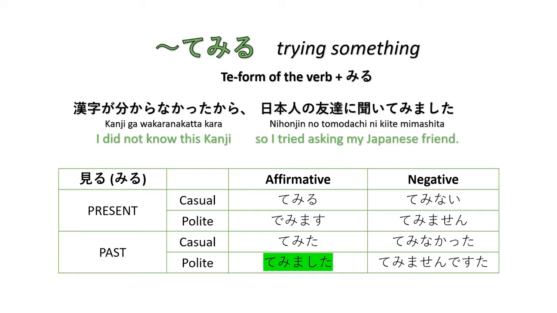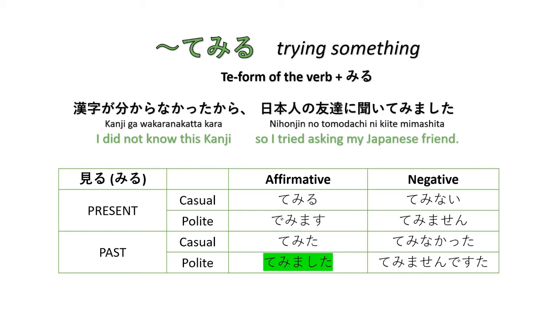So temiru, temimasu, teminai, temimasen, temita, temimashita, teminakatta, temimasen deshita. That's the conjugation for miru, the same as the verb miru.